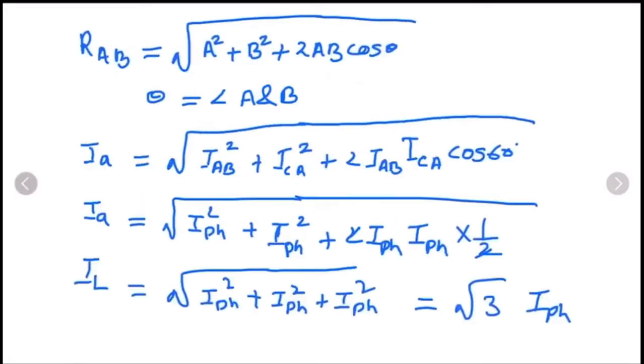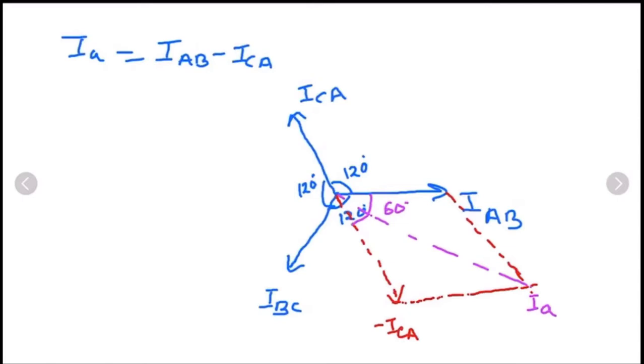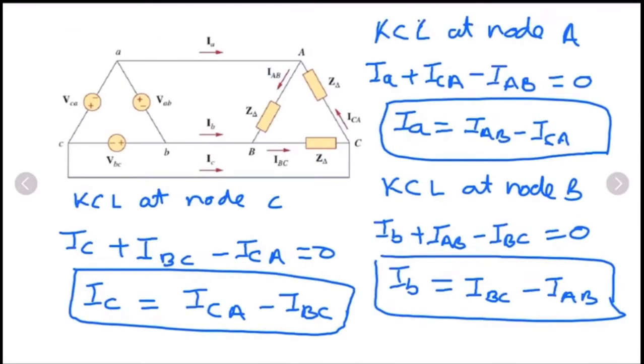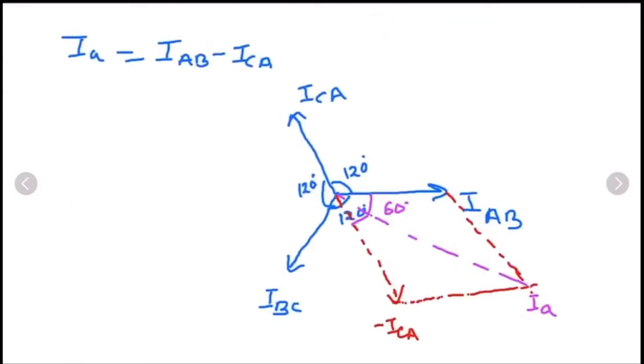Now if you want, we can utilize the remaining equations and draw the remaining phasor diagrams. That is for equation number 1. Now we will go for equation number 2, that is IB is equal to IBC minus IAB. So IBC is here, and minus IAB we will extend.